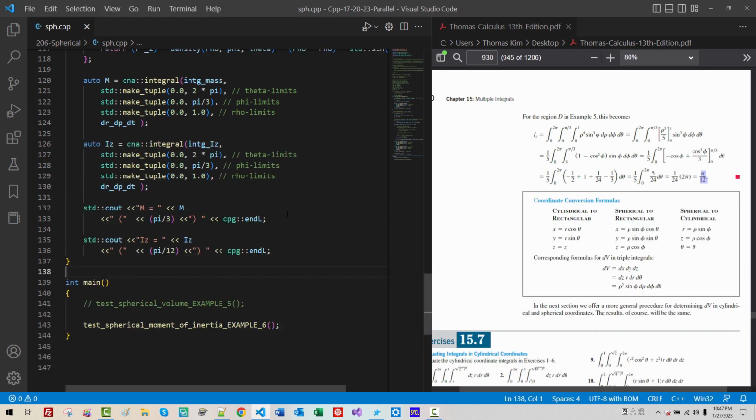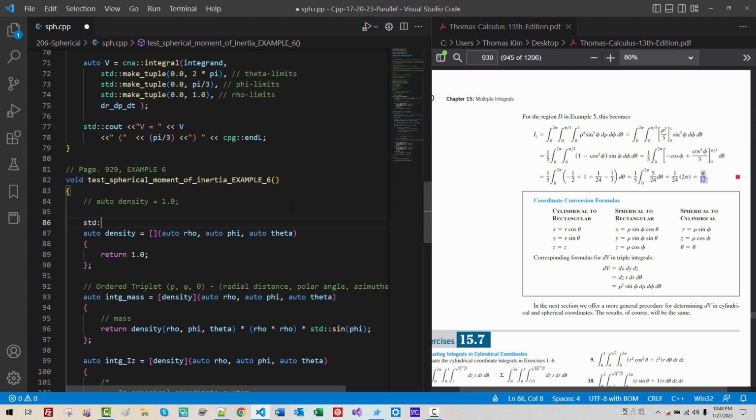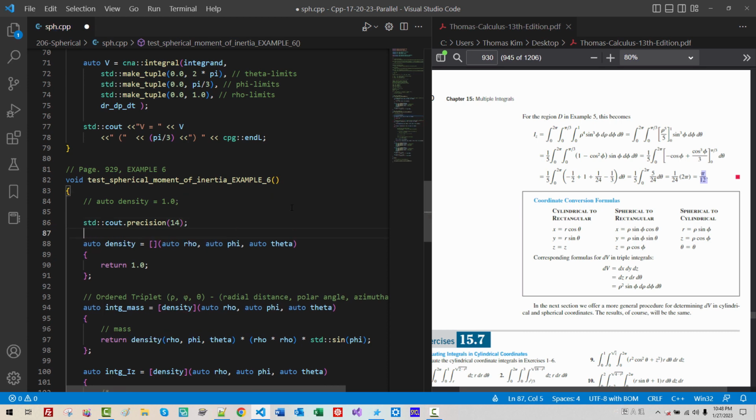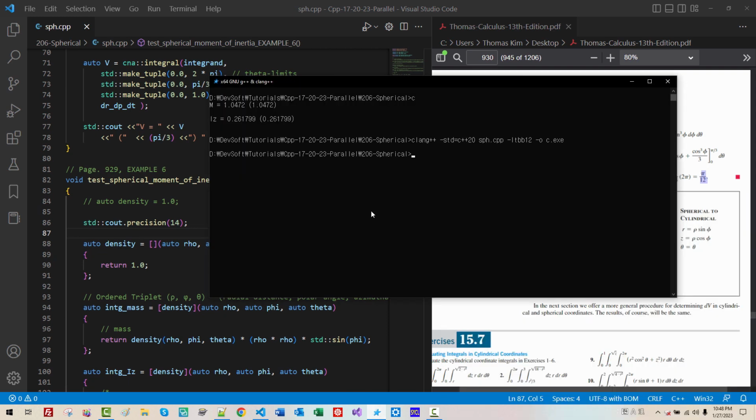If you want to, I will specify cout precision 14 decimal places. If we build again, clear screen, our calculation is extremely accurate.